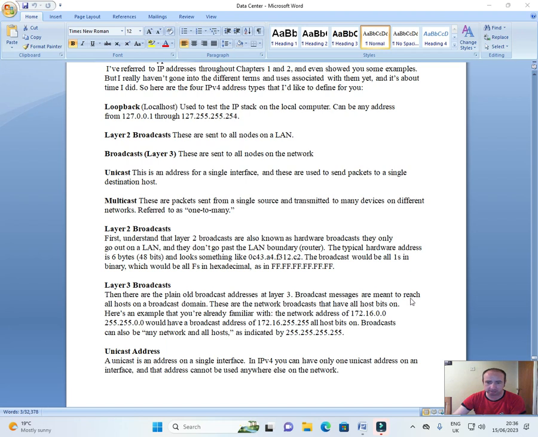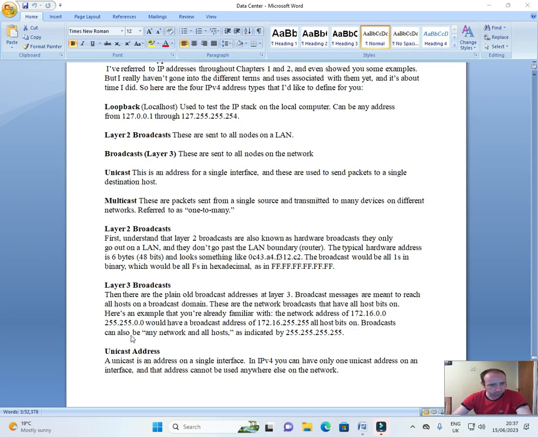Layer 3 broadcasts. Then there are the plain old broadcast addresses at layer 3. Broadcast messages are meant to reach all hosts on a broadcast domain. These are all the network broadcasts that have all host bits on. Here's an example that you're already familiar with. The network address 172.16.0.0 255.255.0.0 would have a broadcast address of 172.16.255.255. All host bits on.